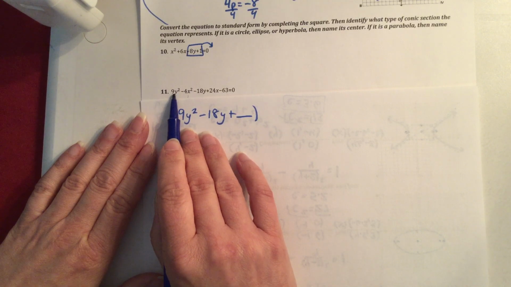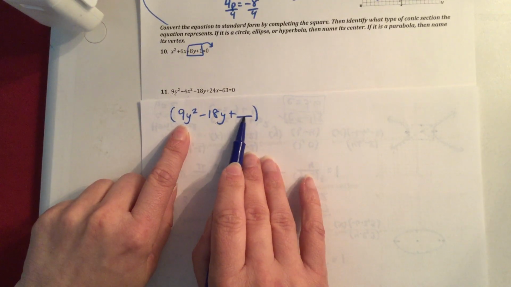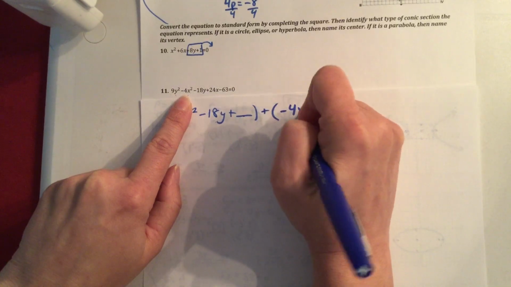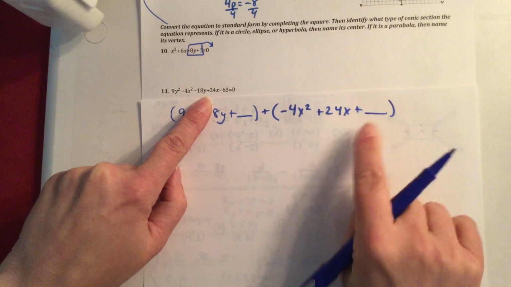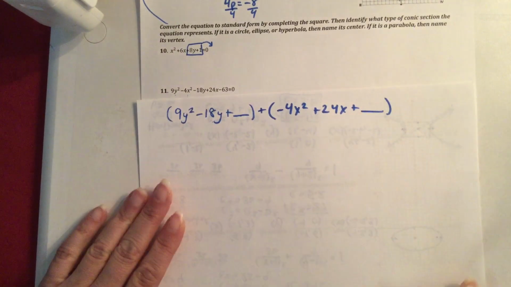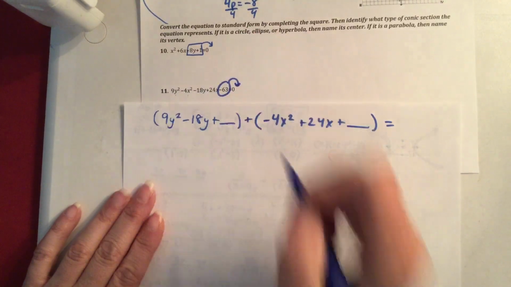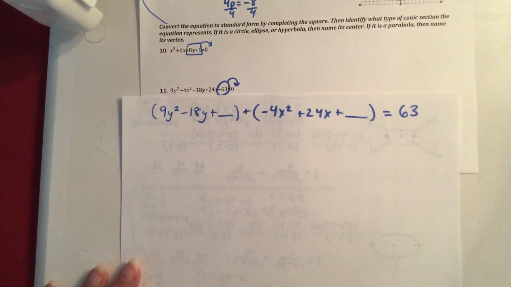So the 9y squared and the 18y, I put them together so that I can complete the square with the y's. Plus, now I group the x's together. -4x squared plus 24x plus, we're going to complete the square, so I left room to do that, equals my -63 does not contain a variable, so I'm going to add it to the other side.